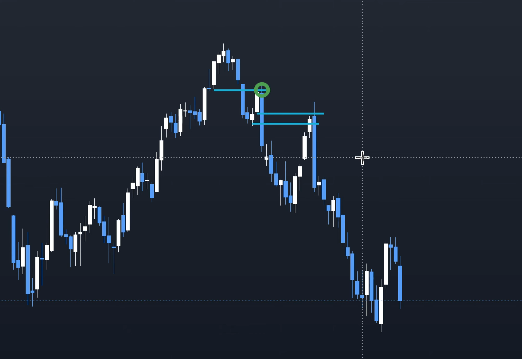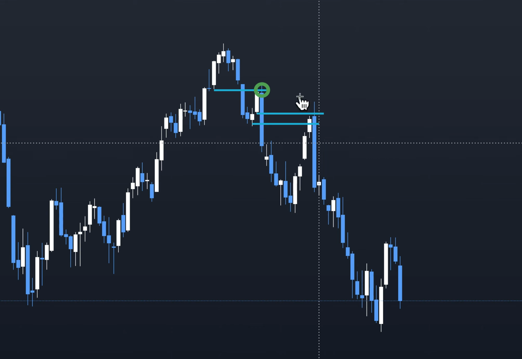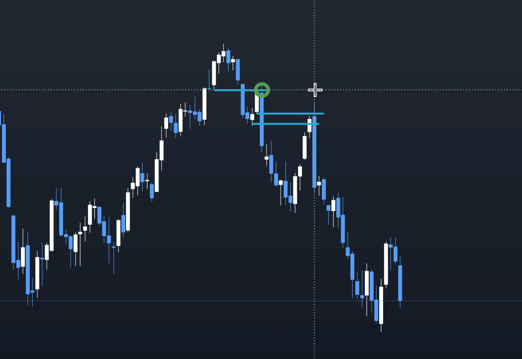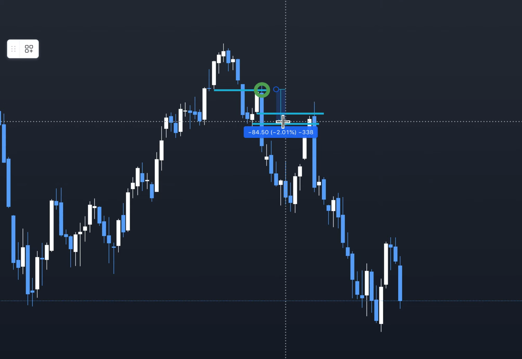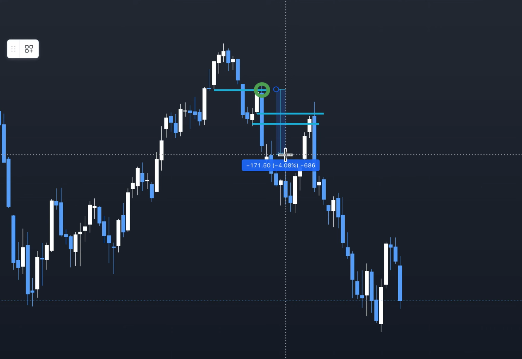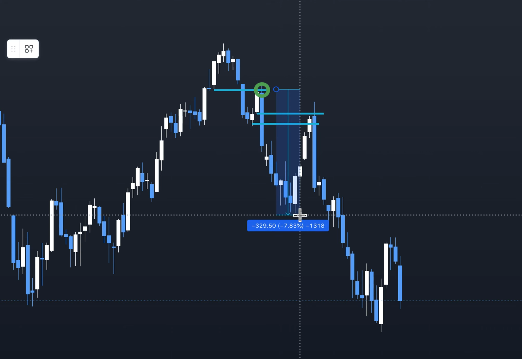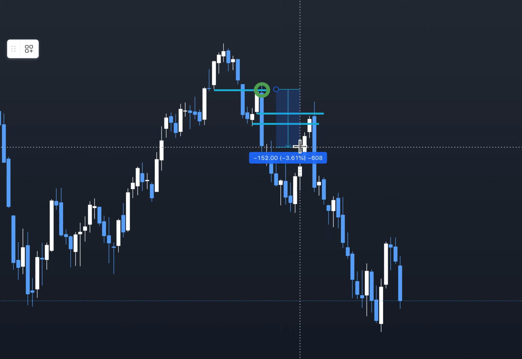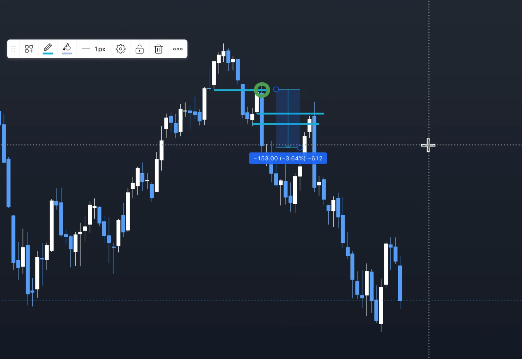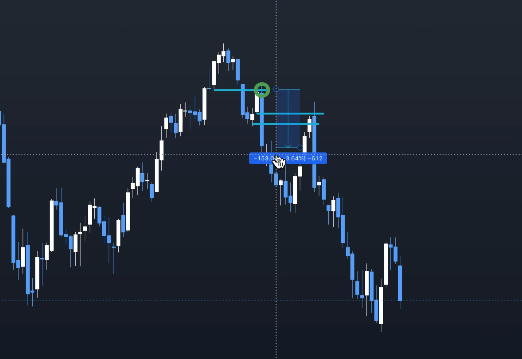It depends on how you want to manage this. If you want to say, hey, I'm not getting out till it takes out my entry, okay, you're still in it. If you said, hey, I got these two protection layers, but man, we had a big move and I don't want to lose more than 50% of the move, that would be somewhere in here you would have gotten out, 153 points.